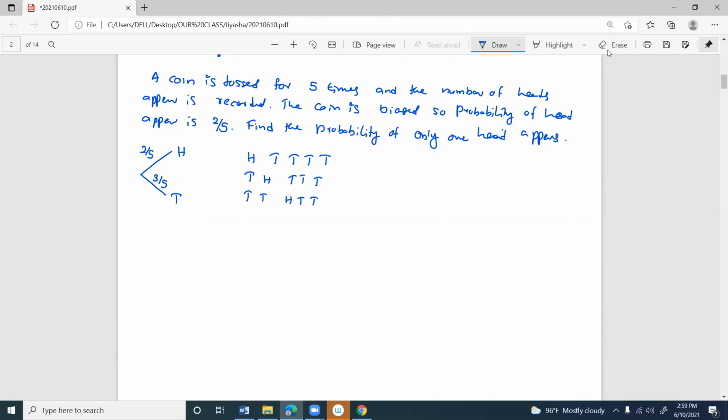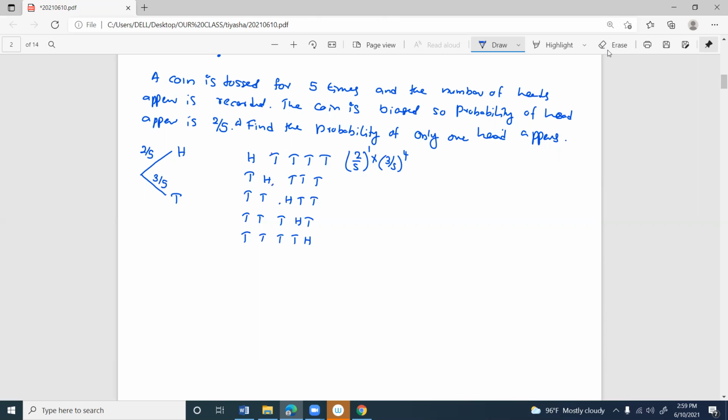Then tail, tail, tail, head, tail. Then tail, tail, tail, tail, head. So what is the probability here? Head appearance is 2/5 to the power 1 times 3/5 to the power 4. This is the first way it can occur, this is the second way, and this is the third way.